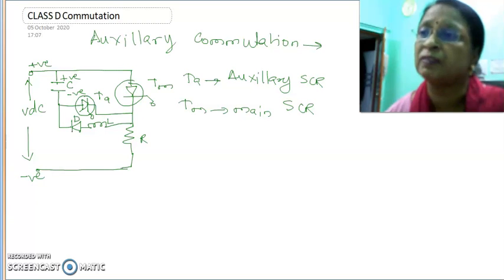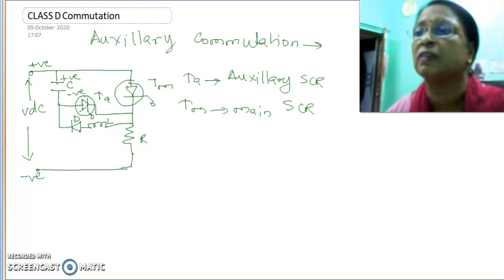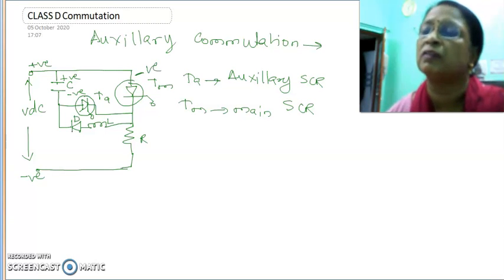Since the upper plate is negative, immediately you can see a negative voltage is being applied to this main SCR. Okay, and as soon as a reverse voltage is applied across the main SCR, it will be turned off. Okay, and here the positive polarity is applied to this auxiliary SCR, so this TA will be turned on.